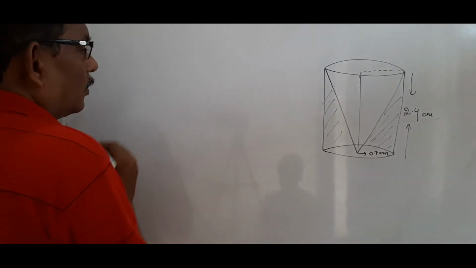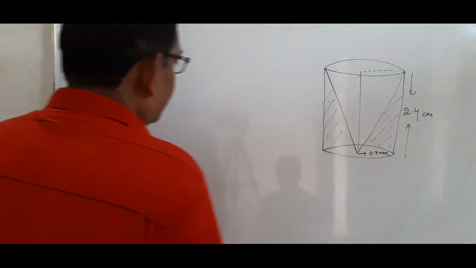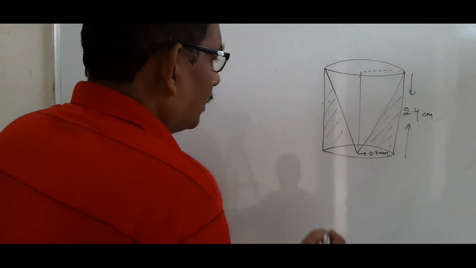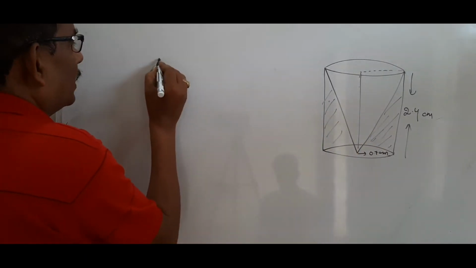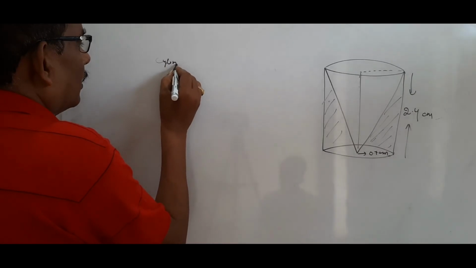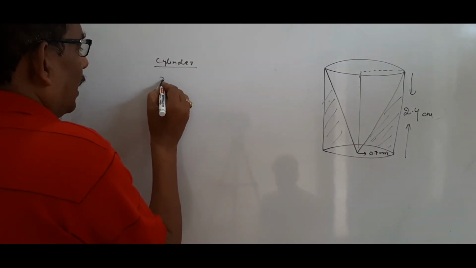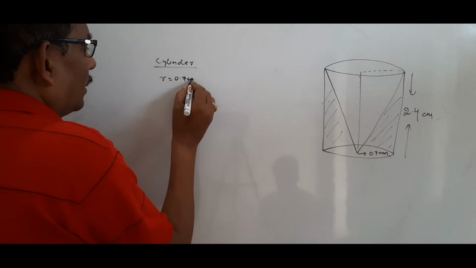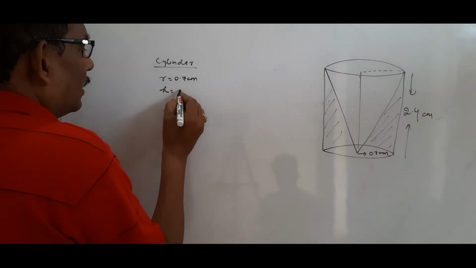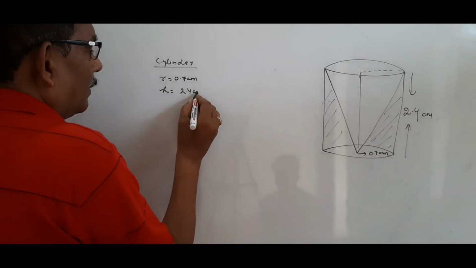Look here. To calculate the total surface area, first write down the dimensions. For the cylinder, r is equal to 0.7 centimeter, height of the cylinder 2.4 centimeter.